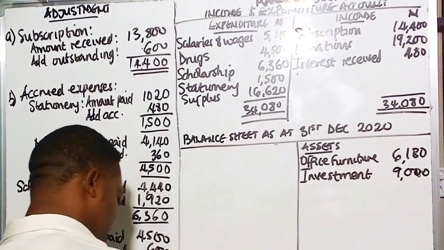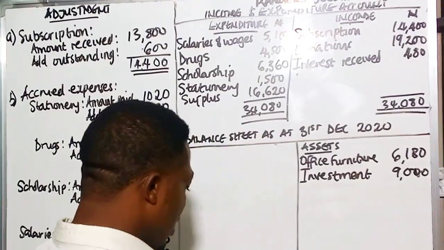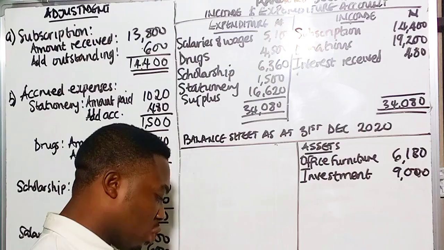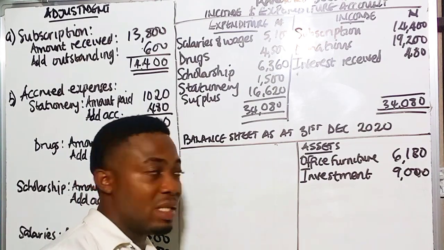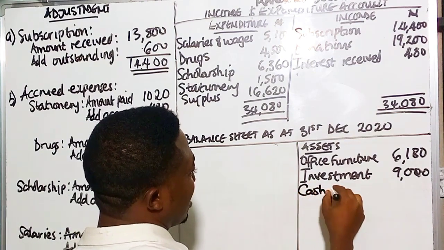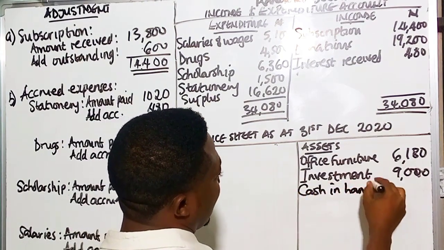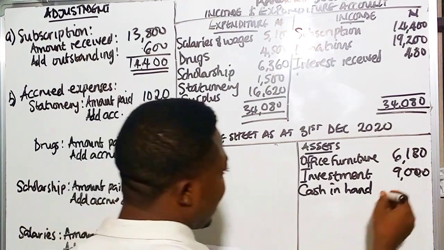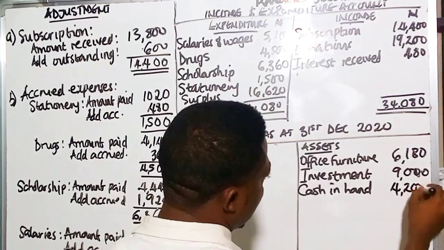Why? If you check in the receipt and payment, you are going to see the balance carried down. That balance carried down is the difference between what was received and the payment. So it is cash in hand, and cash in hand is an asset. The balance every time for receipt and payment is cash in hand, so the cash in hand is 4,200.